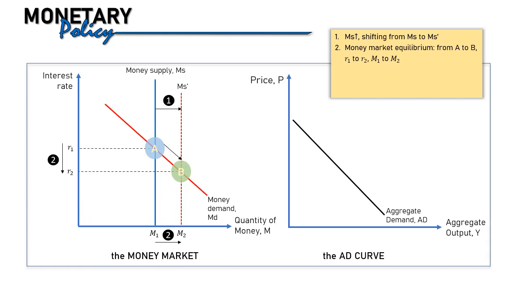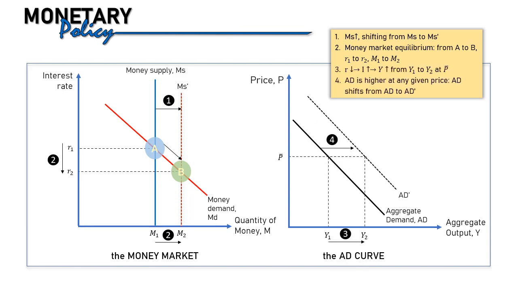Again, the change in interest rate is reflected in the aggregate demand curve. Lower interest rate will increase AD because investment is now higher. At the same price, P bar, Y increases from Y1 to Y2. Since the source of change is not from price, AD or aggregate output is higher at any given price. It means the AD curve shifts to the right.